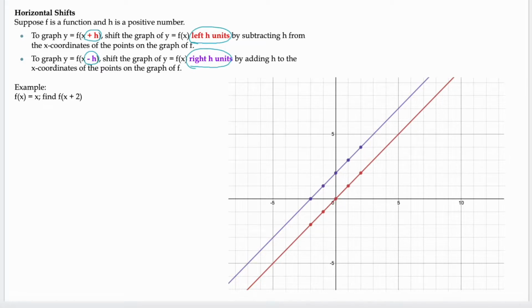So we still have f of x, and now we're going to add 2 inside the function. So again, adding 2 is inside the function. And if I'm inside the function and I'm adding 2, that means I'm going to go left. So if I'm going left on the graph, that is going to affect my x value by subtracting 2 units, so I need to go to the left.